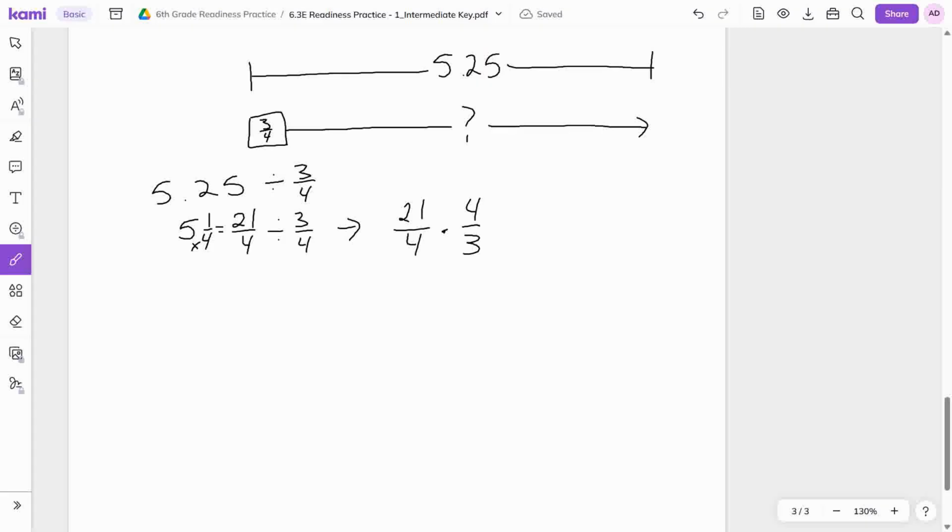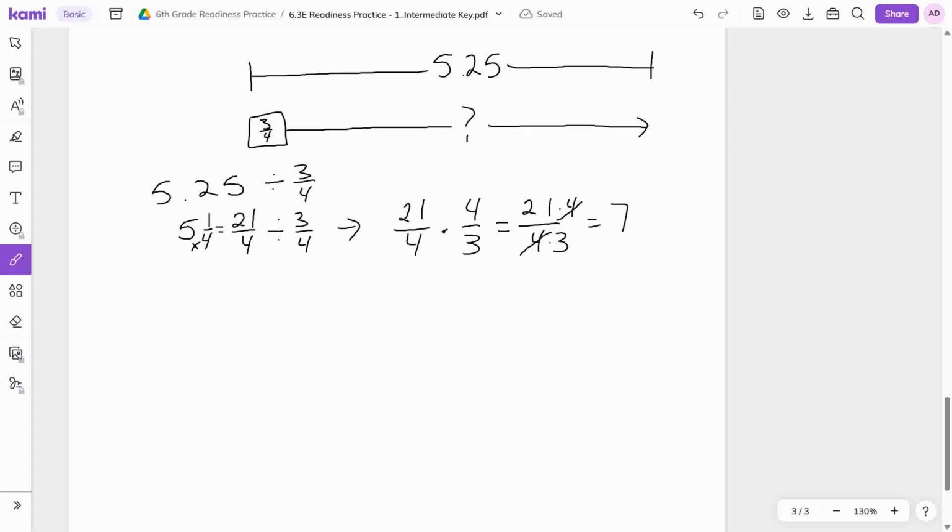Now, look, if we multiply, let me show you before I just cross it out here. I get 21 times 4 over 4 times 3, right? Now, I've got a times 4 and a times 4. 4 over 4 makes 1, so they basically cancel each other out. So I end up with 21 over 3, which equals 7.